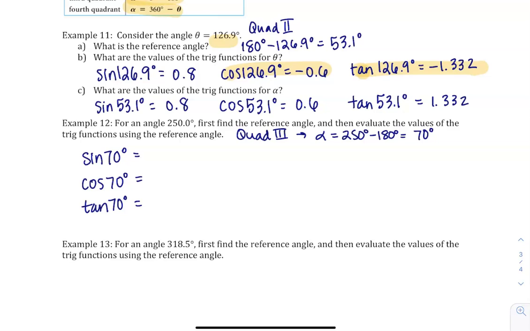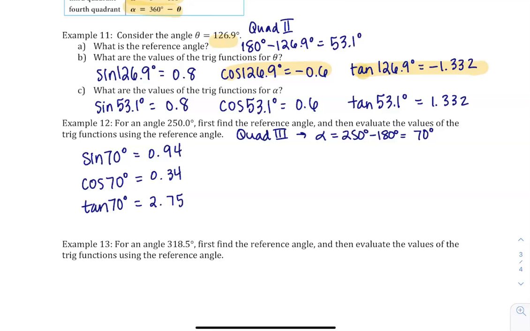All right, so sine of 70 degrees. If we put that into the calculator, we've got 0.94. Cosine of 70 degrees is 0.34, and tangent of 70 degrees is 2.75. Now, in the first quadrant, these values will always be positive.